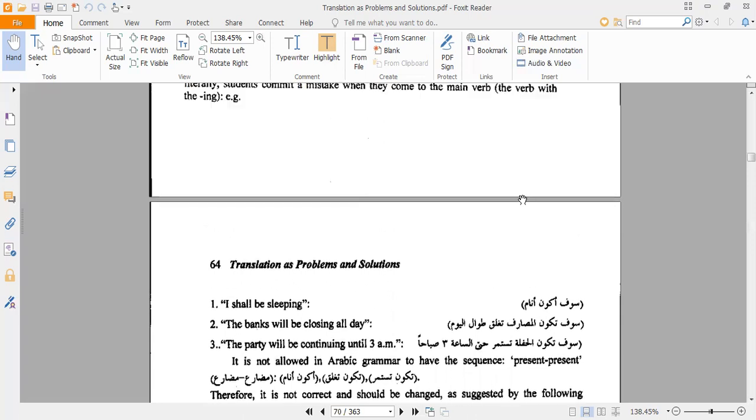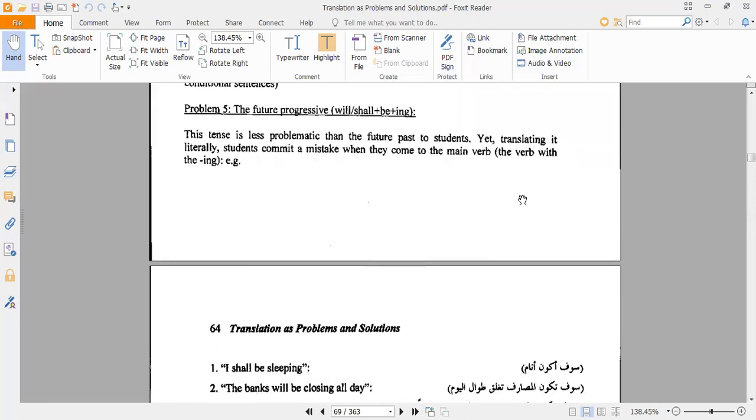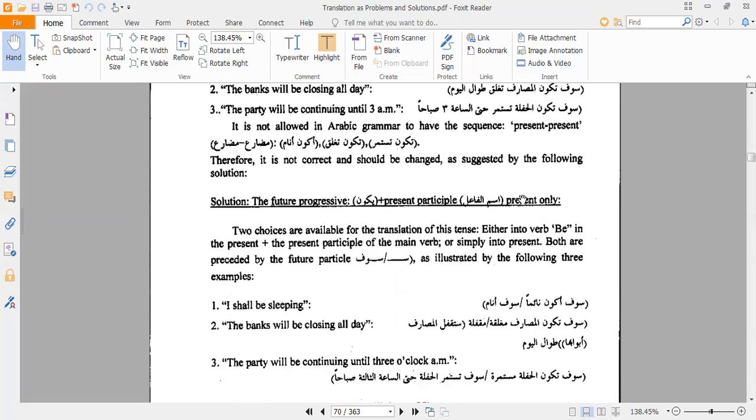So here we can use سوف plus يكون أو تكون يعني فعل مضارع، أكون أو تكون، وبعدها فعل مضارع آخر اللي هو الفعل بترجمه.